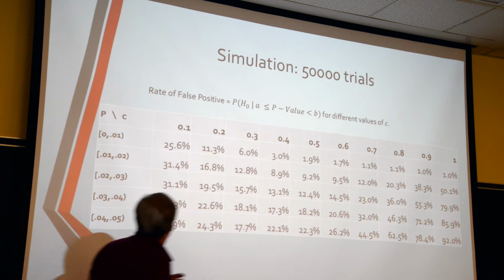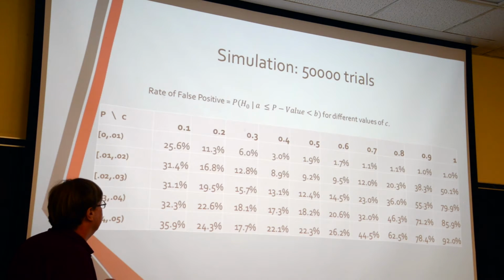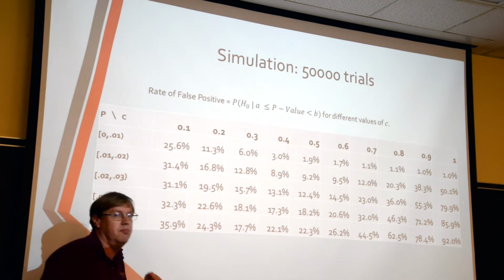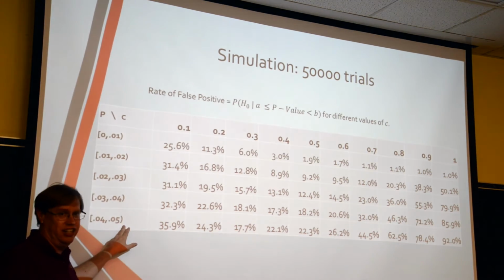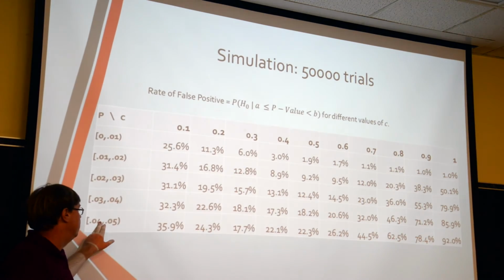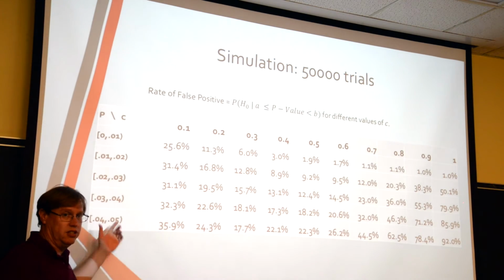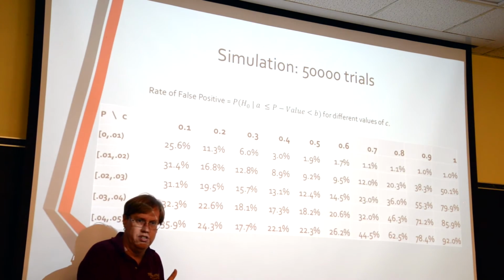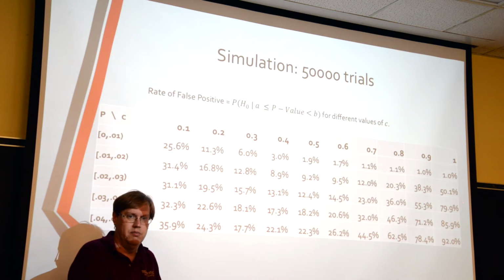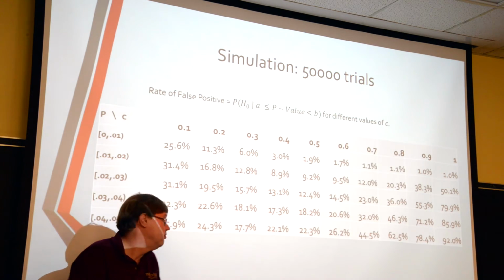Okay, so let's make sure we understand some of these numbers. So let's go down. The interesting case is when you're on that edge, 0.04 to 0.05. So we reject using Fisher's criteria, but just barely.